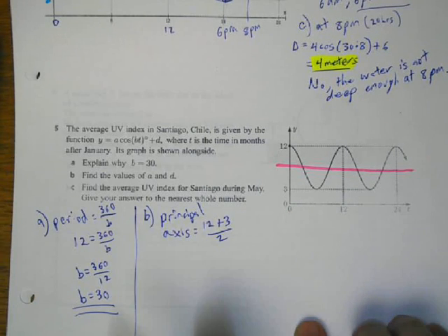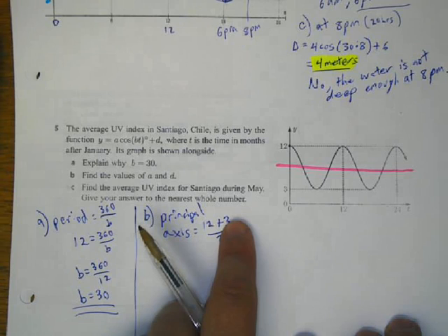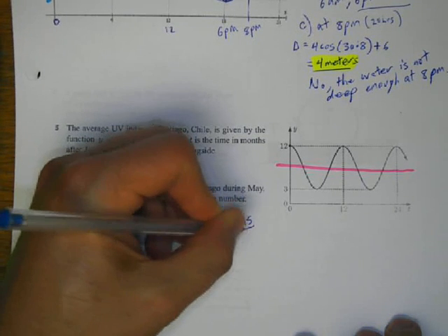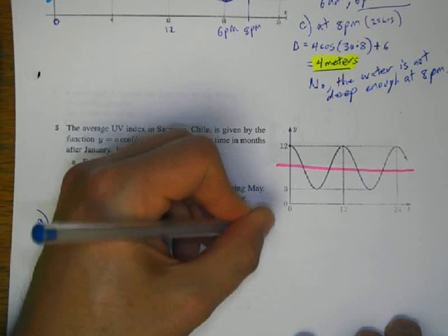So 12 plus 3 is going to give me 15. 15 divided by 2 is 7.5.